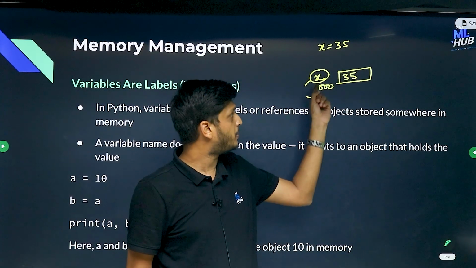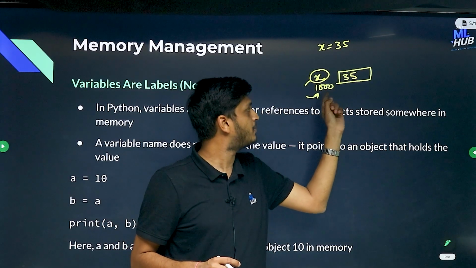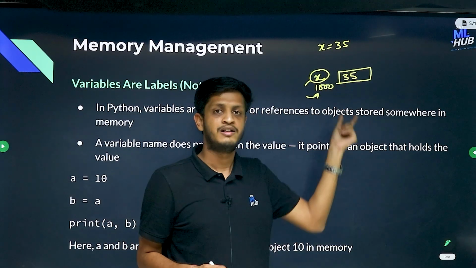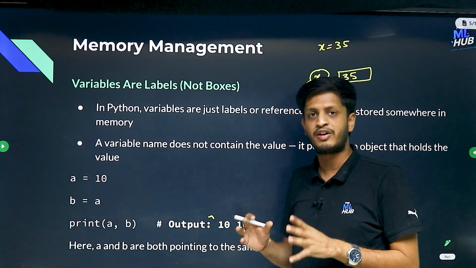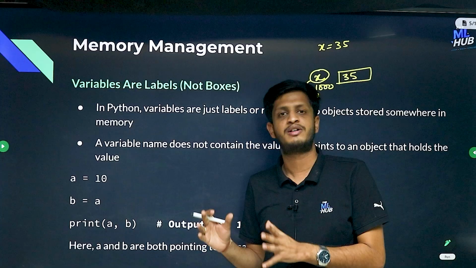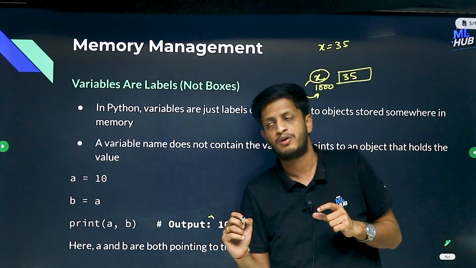So when you try to print the value of x, the compiler will go and see what is present in the memory location 1000. 35 is present, so 35 will be printed. But as such, the variable name does not hold the value itself. The value is present at a memory location and the variable name is just pointing to that memory location.